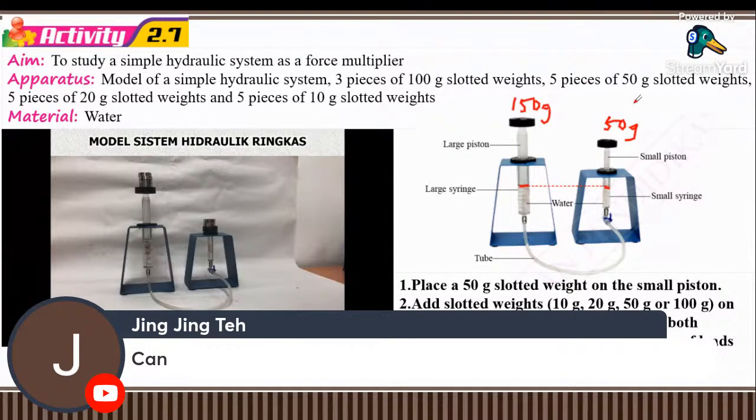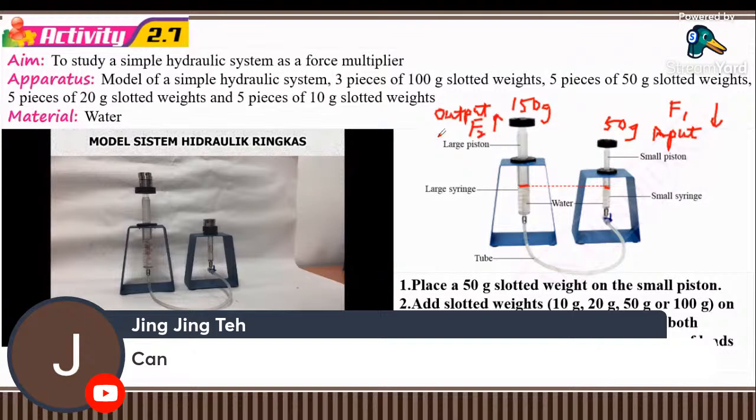Okay, so this one shows that this is the input force. Input force smaller is able to produce output force, which is large.